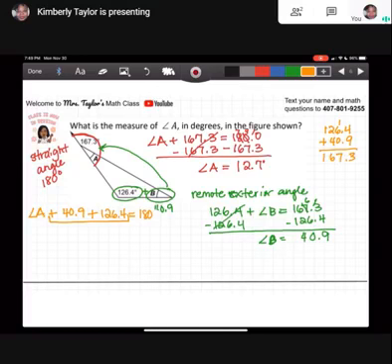So you get 167.3 just like we got before. So angle A plus 167.3 is equal to 180. And then you subtract 167.3 from both sides. Again, angle A is equal to, and we already did this math, 12.7.